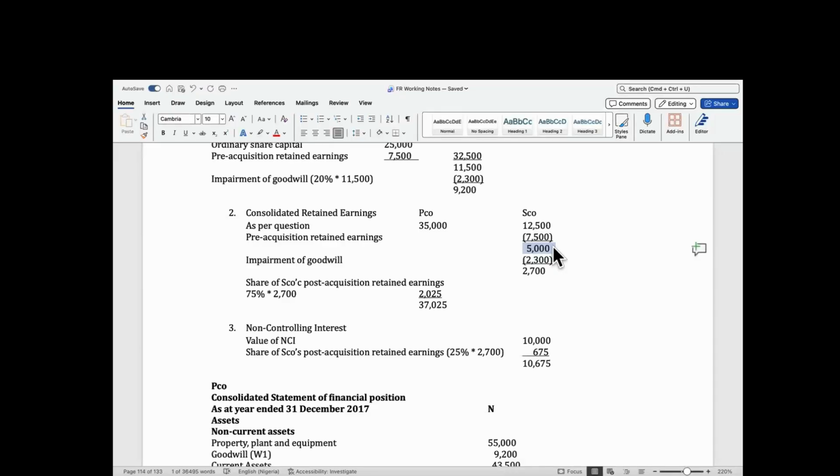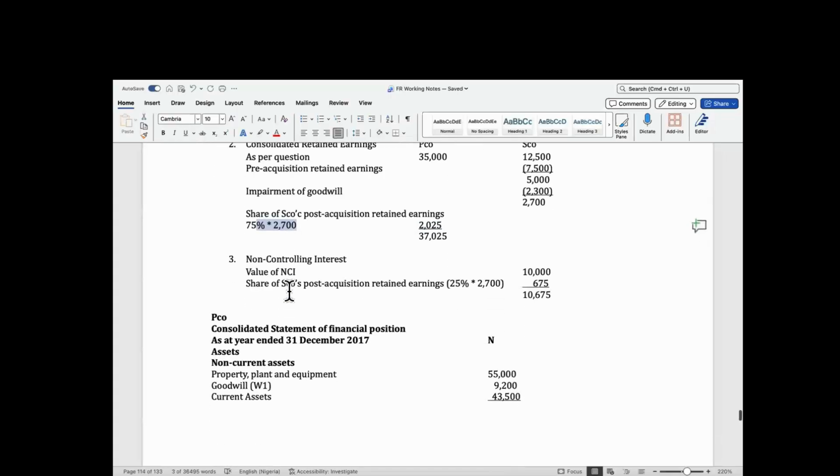You see that in the previous one, I didn't take that impairment from the subsidiary's earnings. I took it away from the parent's alone. So it was the parent alone that was suffering it. So in order to make the two of them suffer the effect of this impairment, I take it away from what they are sharing. So they're only left with 2.7, which is what they will share. The parent gets his own 75%.